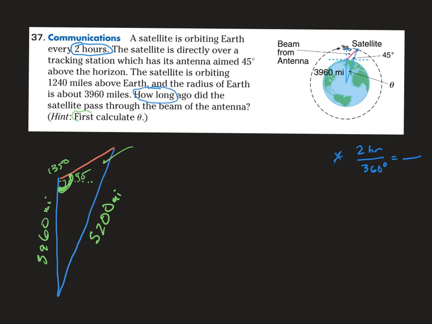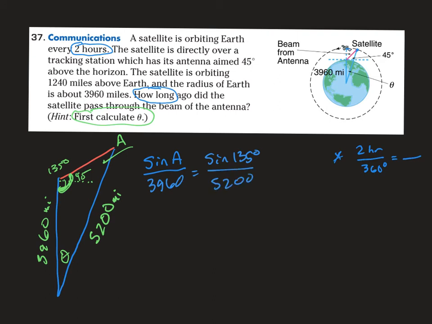And with that, we can figure out this angle. Now remember, they want us to calculate theta, but we don't have any information about the red side. The best we can do is get this angle over here. And let me just call that angle A. I'm going to figure out what angle A is so that I can get theta. And I'll do that by just running through the law of sines. So what I'm saying is the sine of A over the opposite side, which is 3960, is going to equal the sine of 135 over its opposite side, which is 5,200.